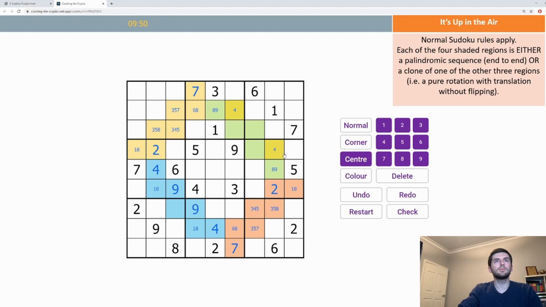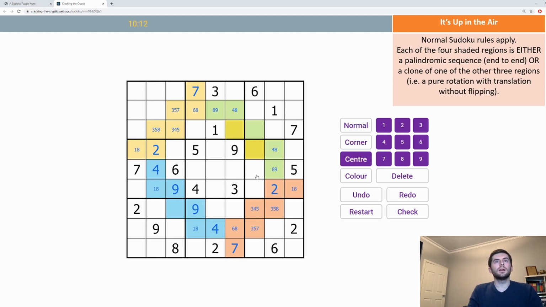We can have a 4, no 5. I believe 6 is not allowed from down here. 7 rules it out from the box as well as the column. So it can be an 8, but can't be a 9 due to this 9 here.